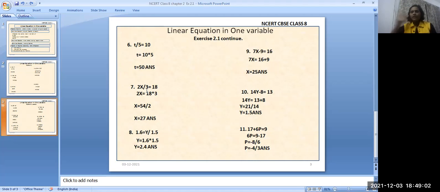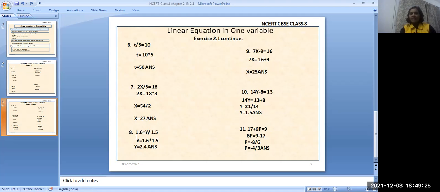Once this is going toward the right hand side, this will be multiplied. So 18 will be multiplied with 3 and 2x is equals to 18 multiplied by 3. So x will become 18 into 3 will become 54, and this is in the form of multiplication. So once it will come here, it will be divided. So the answer will be 27.